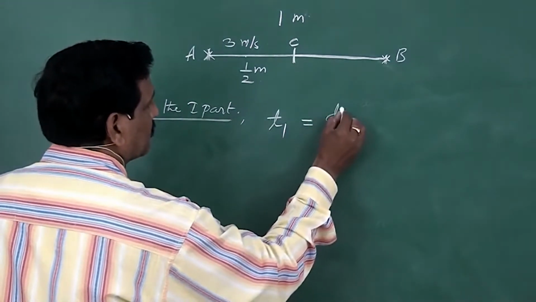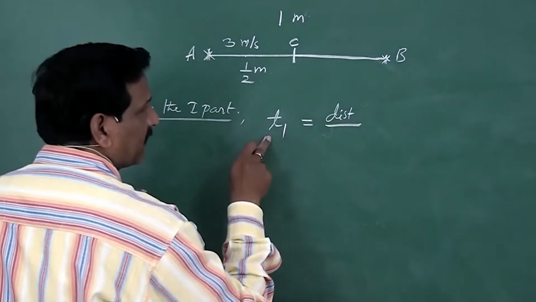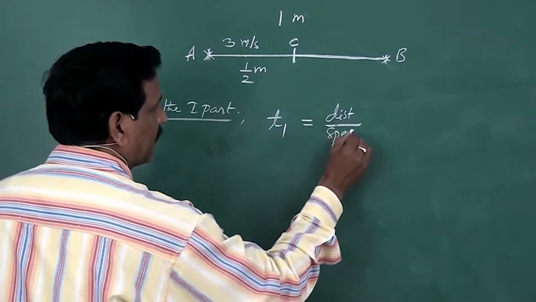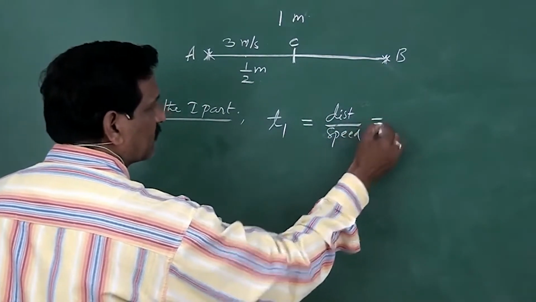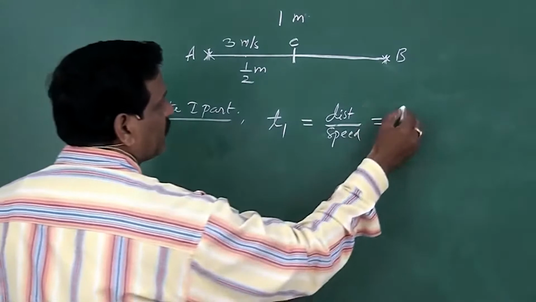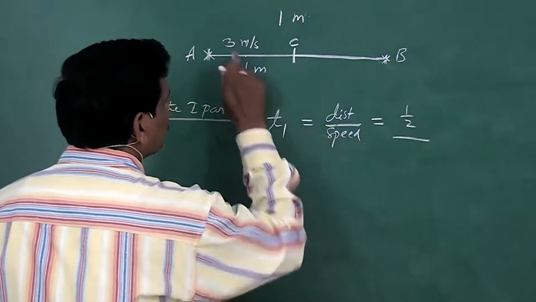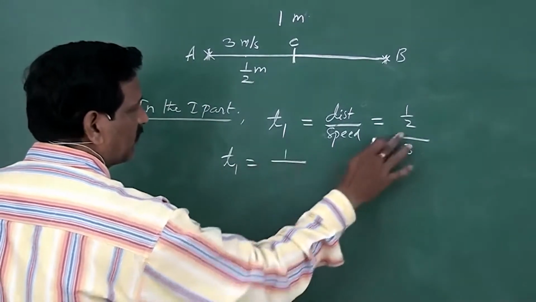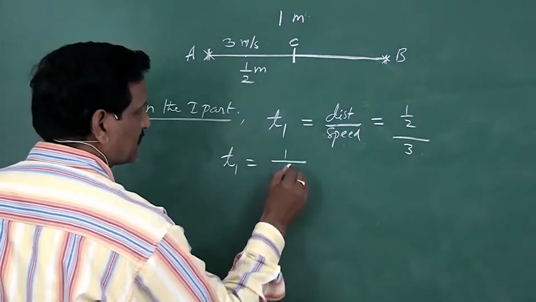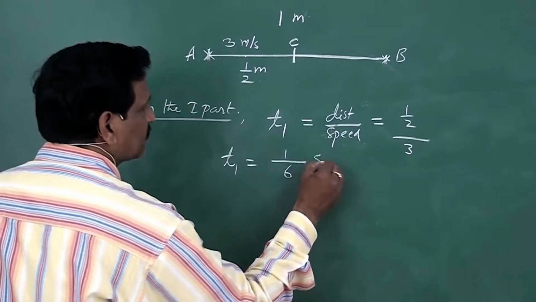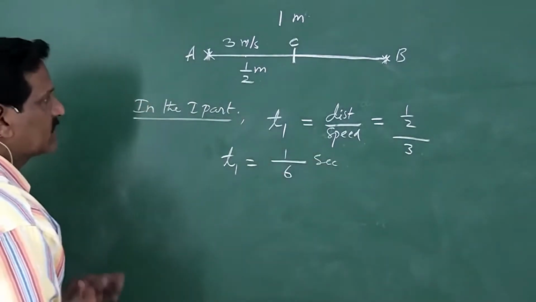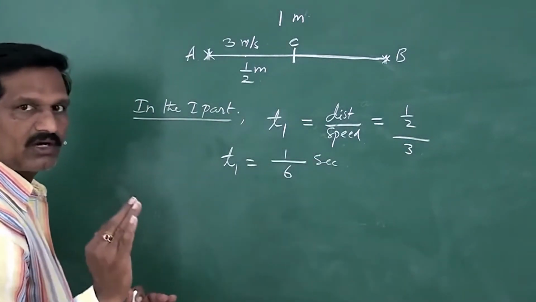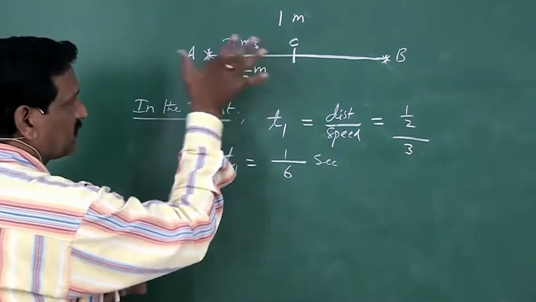This is the definition for time taken: distance by speed. Here distance is half meter and speed is 3. So T1 is equal to 1 by 2 into 3, 1 by 6 second. This is the time taken for the car to cover the first half distance.